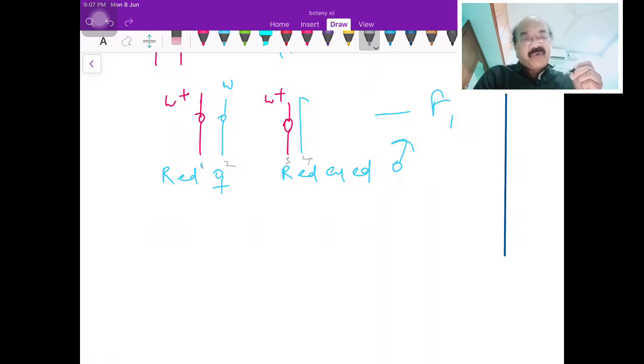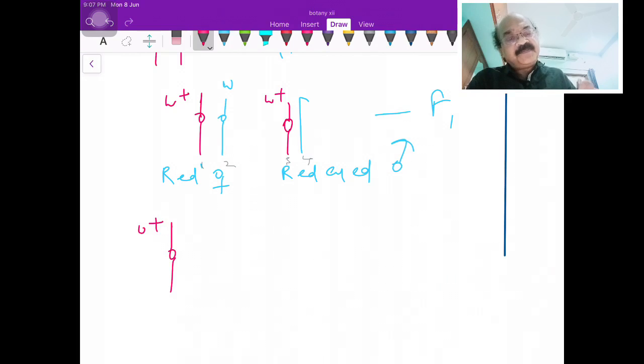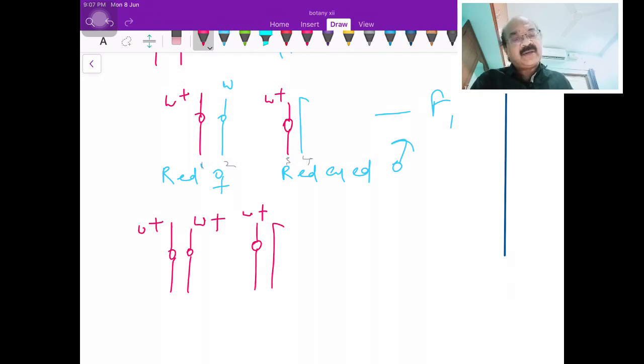And in the F2, you get W plus W plus, W plus Y, W plus W, and W Y.